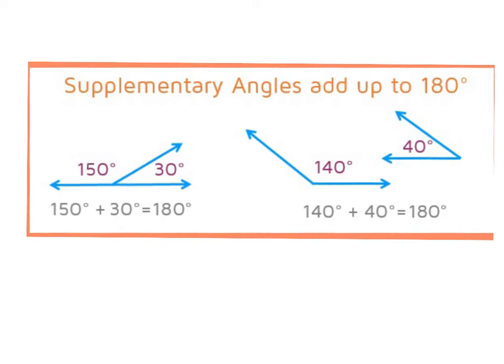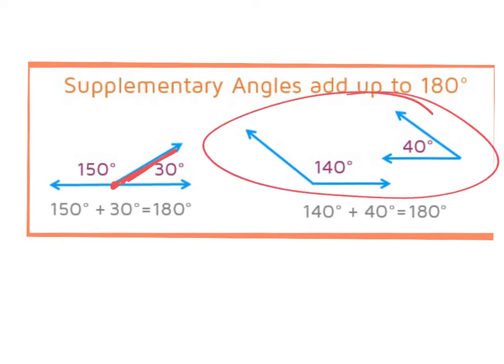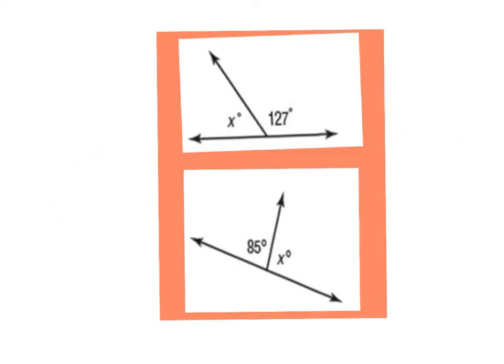Supplementary angles add up to 180 degrees, and again they can be adjacent supplementary angles where they have a common vertex and a common side, or they can just be two separate angles that equal that 180 degrees. So that can help us to figure out these problems as well. 180 degrees is that straight line.